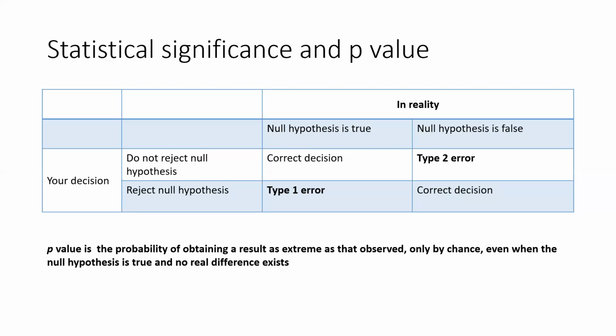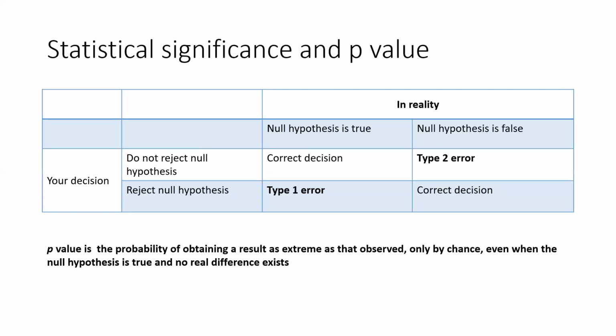That means we say there is association, but actually there is no association. When there is no association between height and lung cancer, if we say there is an association, that will be a type 1 error.